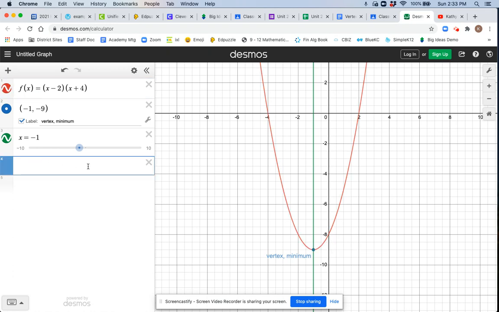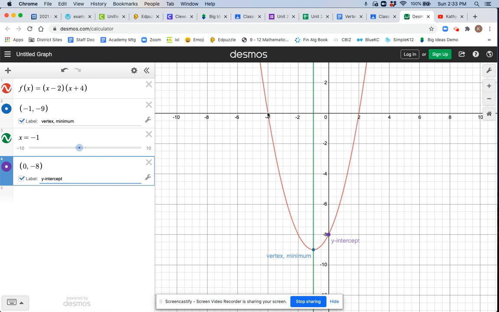So we add that. And then we label that our y-intercept. So now we have our vertex, which is a minimum, our axis of symmetry, and our y-intercept.